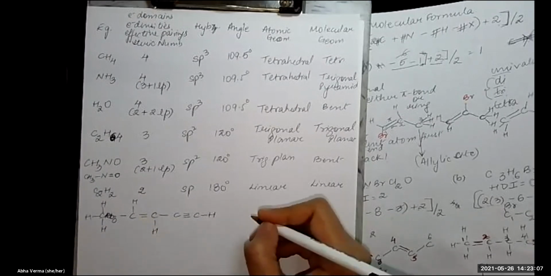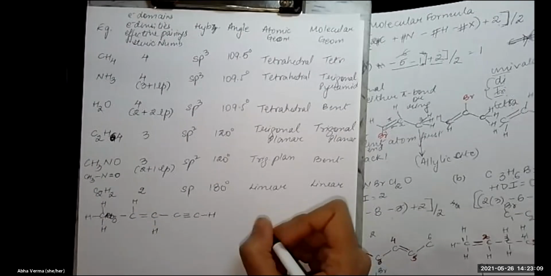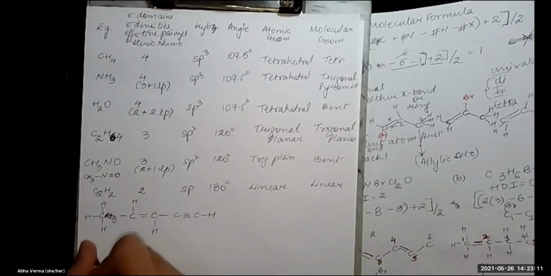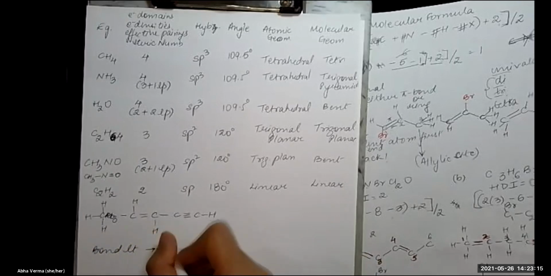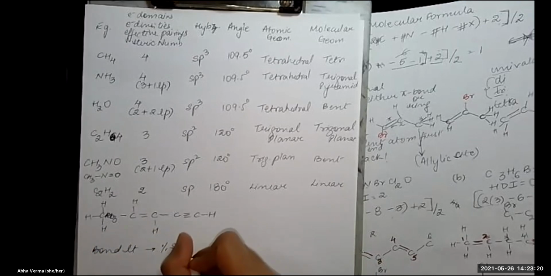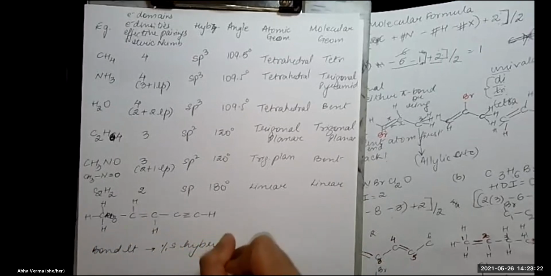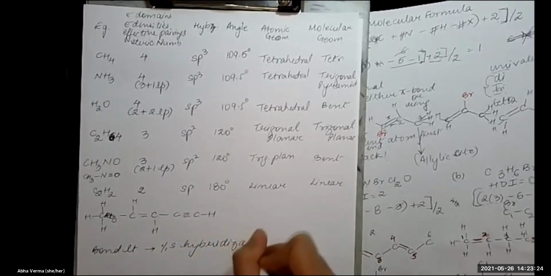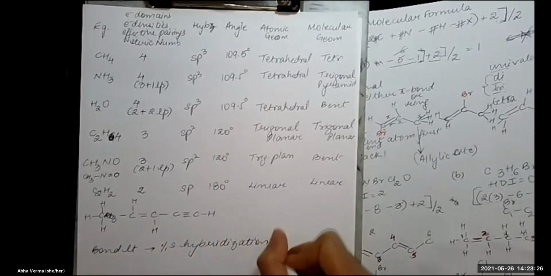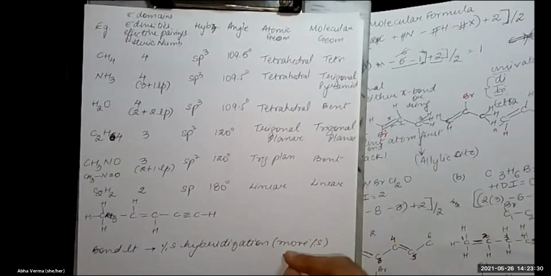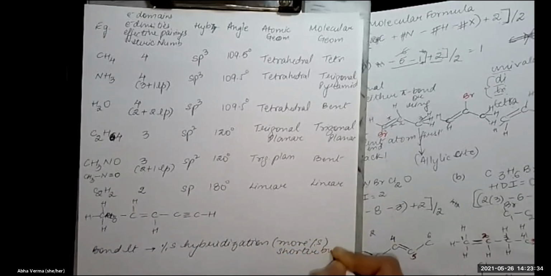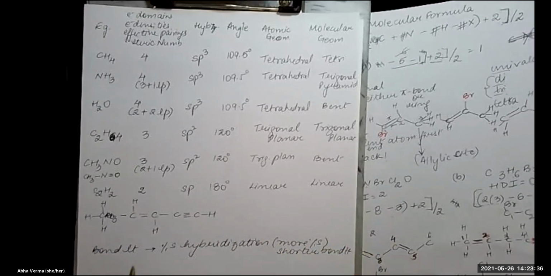Okay. Now this will depend on several things. The bond length depends upon the percent of s in the hybridization. First of all, more percent s means shorter bond length. What does that mean?